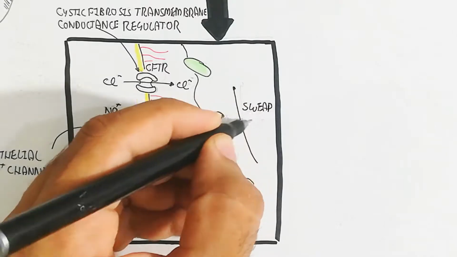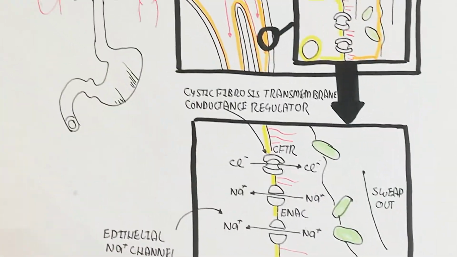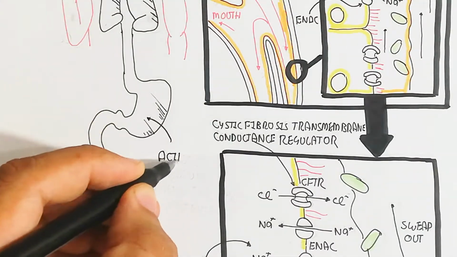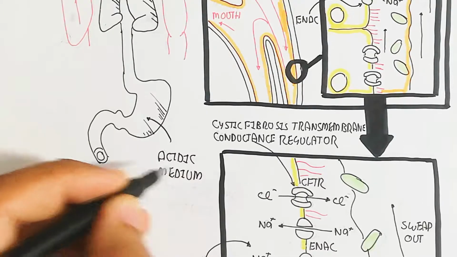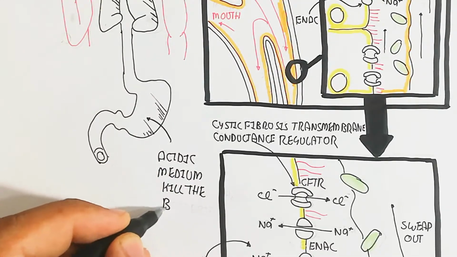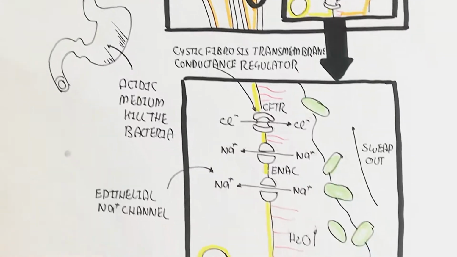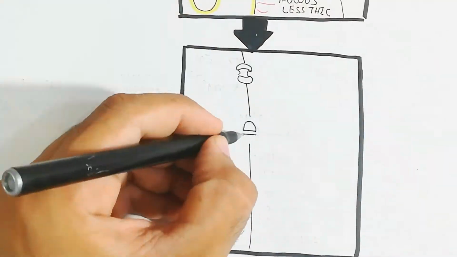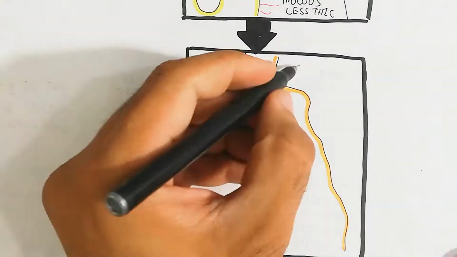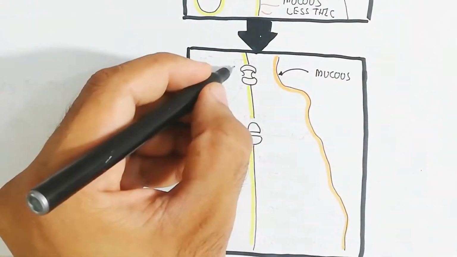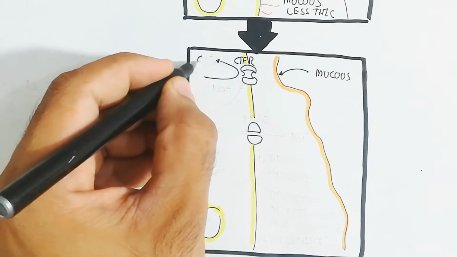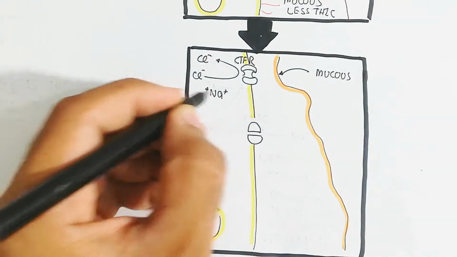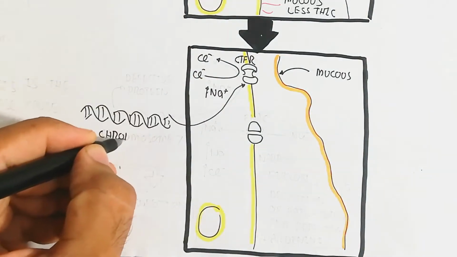Remember, water is very important for keeping the mucus less thick and for sweeping out the bacteria by the ciliary movement in the epithelium. The acid medium also kills the bacteria when swallowed or moved out from the respiratory tract during coughing.